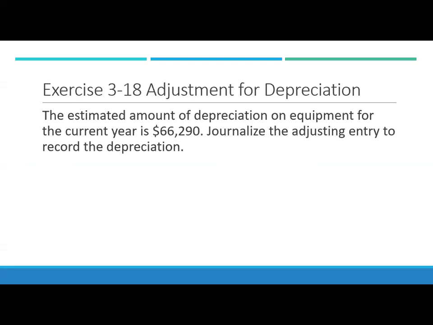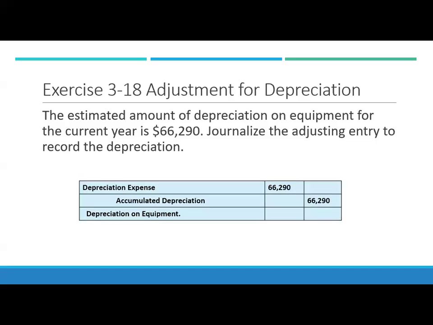And the estimated amount of depreciation. In this chapter, you're not going to be expected to calculate the depreciation amounts. It'll tell you, much like this, the depreciation was $66,290. Do the journal entry. The journal entry here is debit depreciation expense, credit accumulated depreciation for that amount.